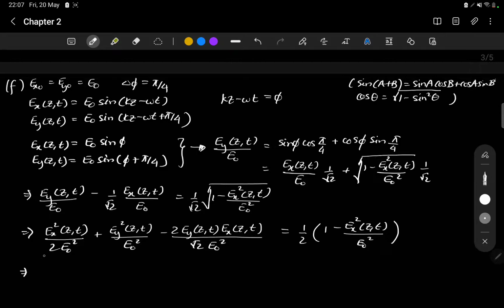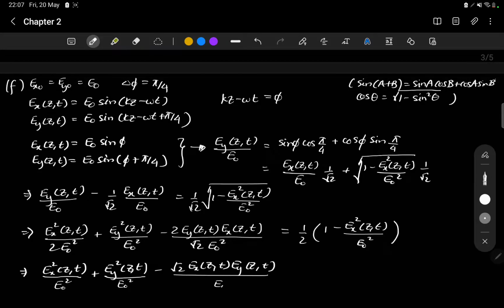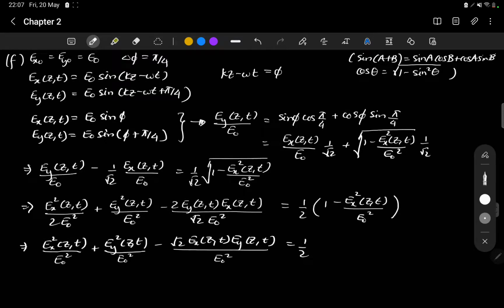This is going to give us, this is the equation of a general ellipse.